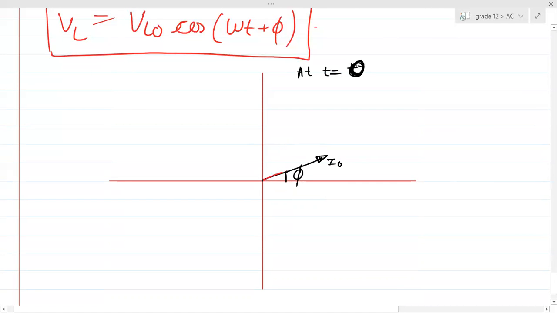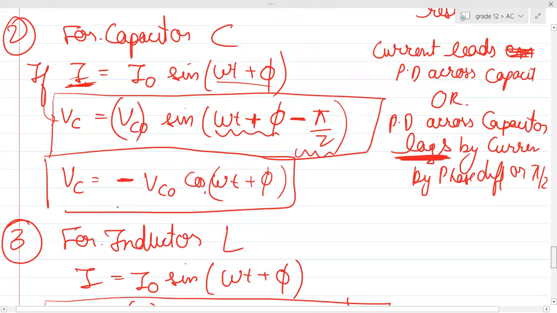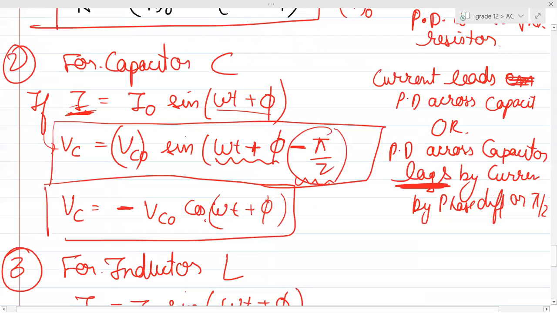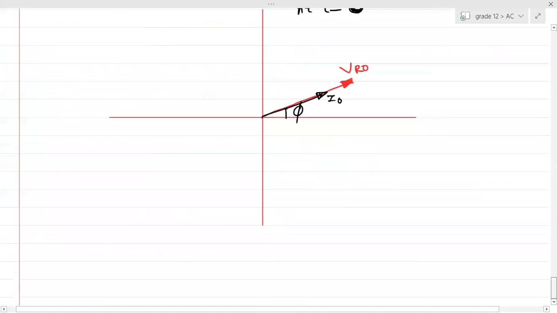Now, can anyone draw what will be the phasor for VR naught? Will VR naught lie in the same line as the current? Because they are always in the same phase, the resistor, right? They are in the same phase, right? In the case of capacitor, it should lie at minus pi by 2. So basically, VC will come over somewhere over here.